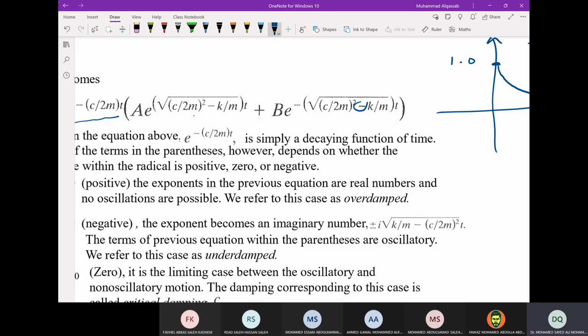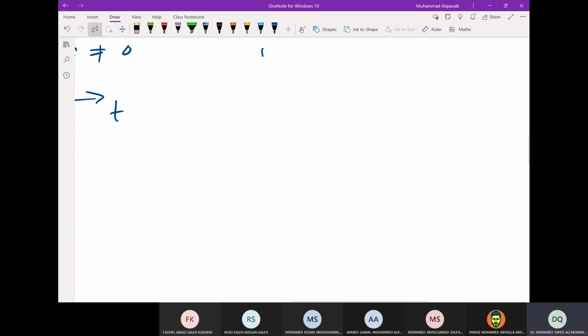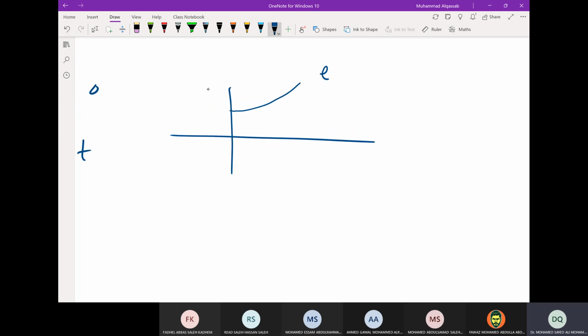It's not the square root of minus something. So when we plot an exponential function with a real power, with t equal to 0, it is either increasing if the power is positive, which is e to power, let's say, the square root of (c over 2m) squared minus k over m times t.